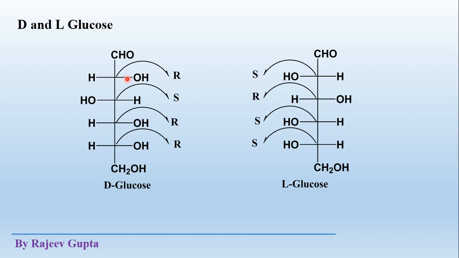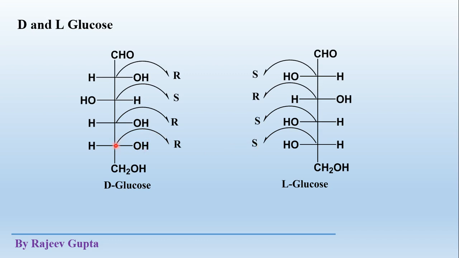See, if the configuration of one enantiomer at all chiral centers is this, then its enantiomer will contain the configuration of each chiral center opposite to its corresponding chiral center.